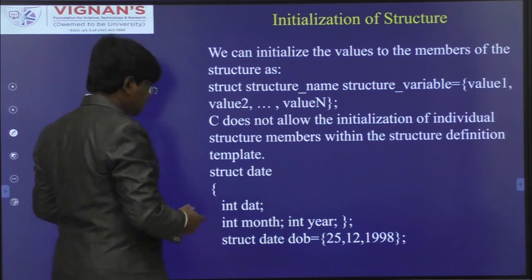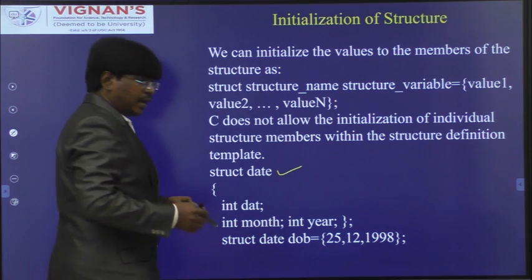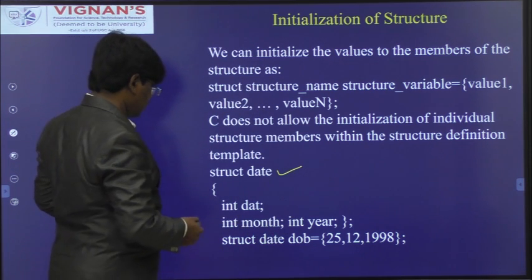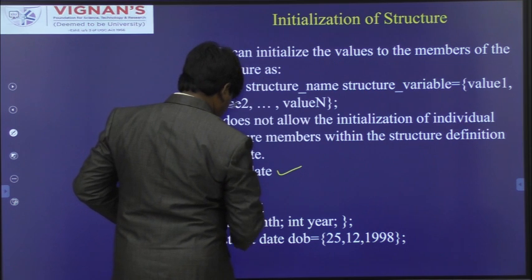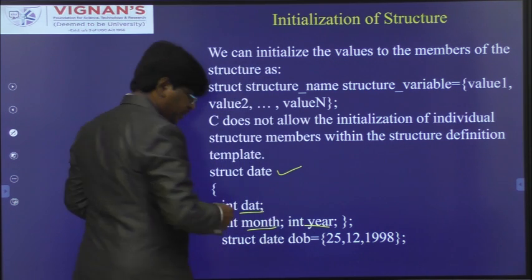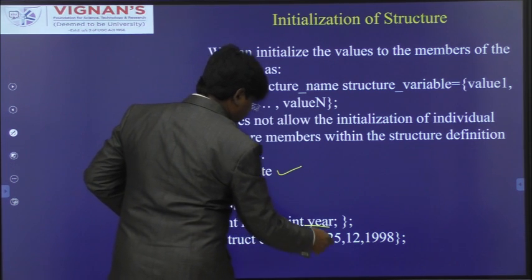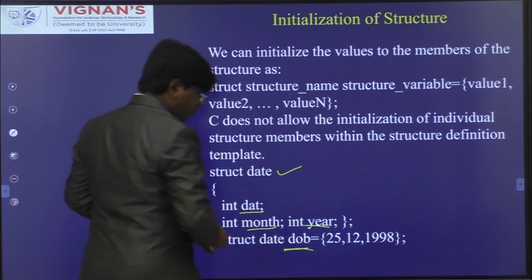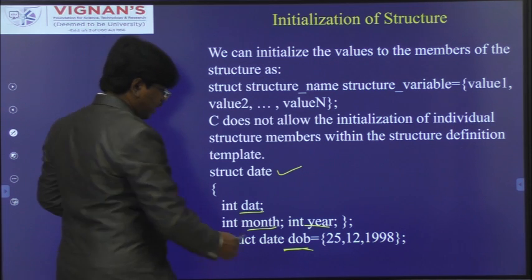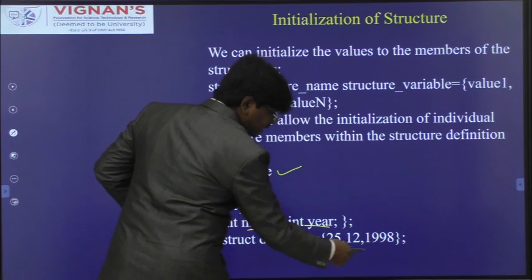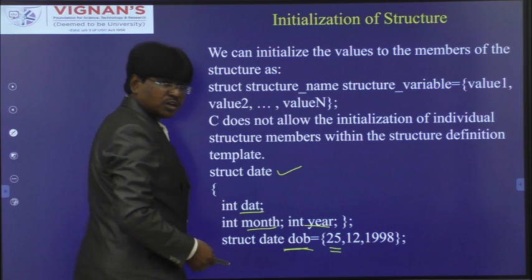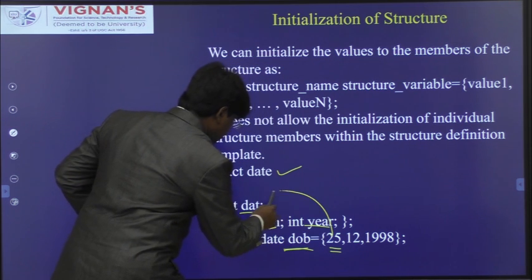So consider this is the structure date, and I am going to initialize the values directly here. Date, month, year are the members, and I am storing the values into date, month, year with the help of DOB. This is the object I have created, DOB. DOB equal to, I directly assigned 25, which is stored into which location?